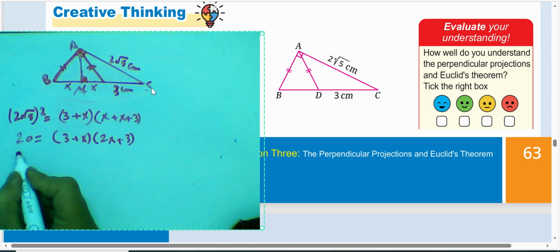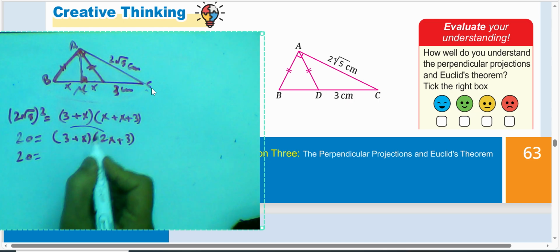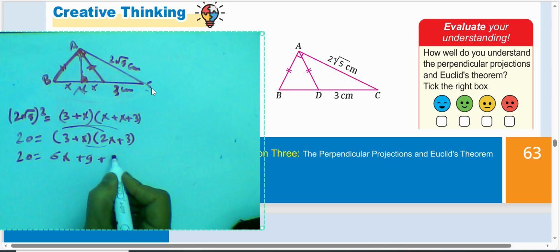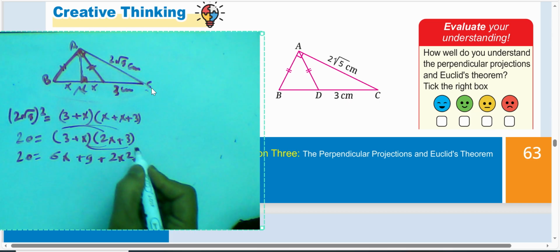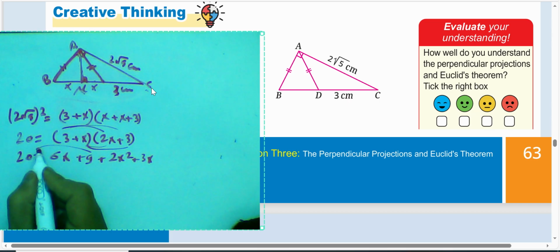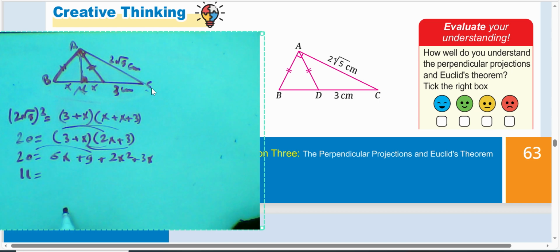Use the distributive properties. 20 equals 3 times 2x equals 6x, and 3 times 3 equals 9, x times 2x will be 2x power 2, and x times 3 equals 3x. 20 minus 9 equals 11. 2x power 2, 6x plus 3x equals 9x. Then 2x power 2 plus 9x minus 11 equals 0.